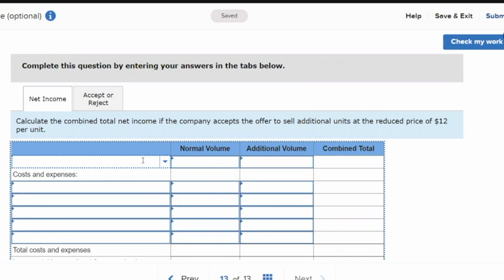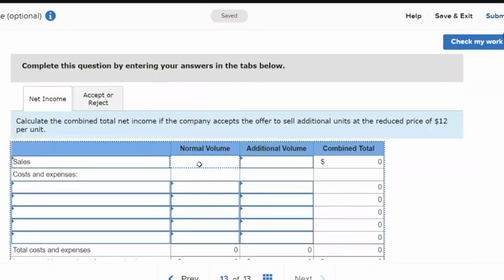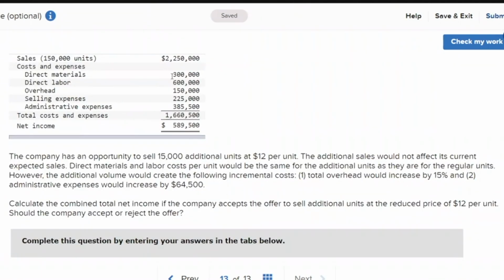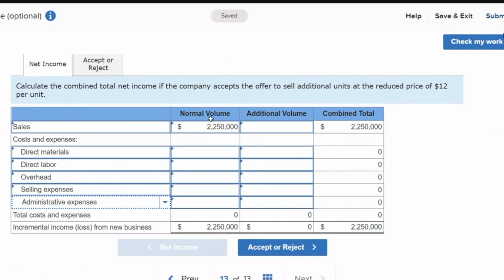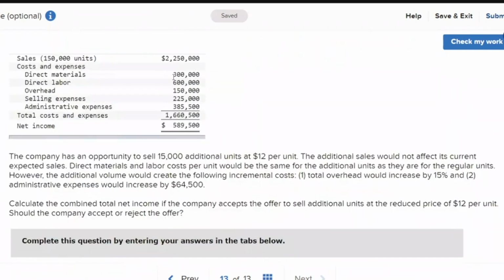Sales, right? That's always first. So at normal volume, I just put all this in here, 2,250,000. Cost and expenses. So at the normal volume, all these numbers, we just type them in.